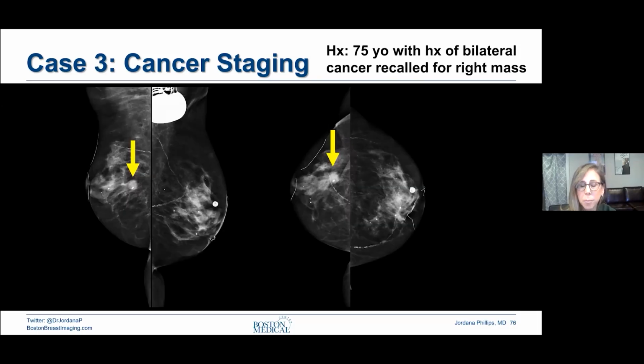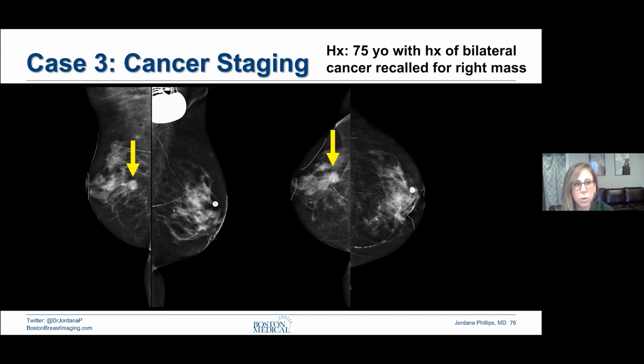This is another exam, but we've talked about distortion so far. This is a mass. This is a 75-year-old woman who had a history of bilateral breast cancer and was recalled for diagnostic CEM for this right breast mass. Now what I like about this case, we can all see the mass, it's marked by the yellow arrow. But what I liked about this case and why I'm showing it is because we know that once you have cancer treatment, it can distort the breast.